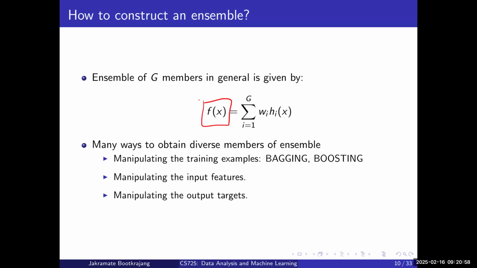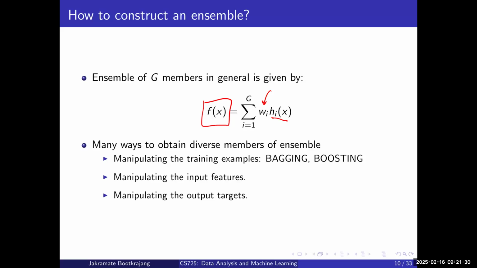In general, f(x) is our ultimate function. This is the output function for our ensemble, and then we have this small h. This small h is a member of the classifiers, and each member will also be given a weight. So not everyone has an equal vote.